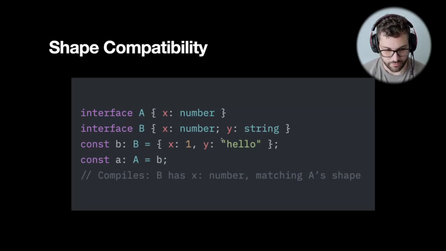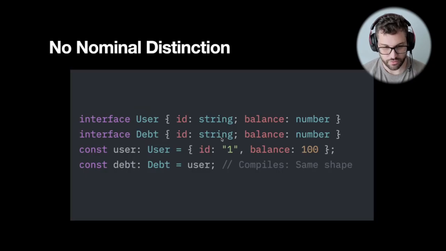All right, so in TypeScript, there's no nominal distinction between two types that have the same shape. In this example, we have an interface User and an interface Debt, and they have the same properties and the same types for the given properties.